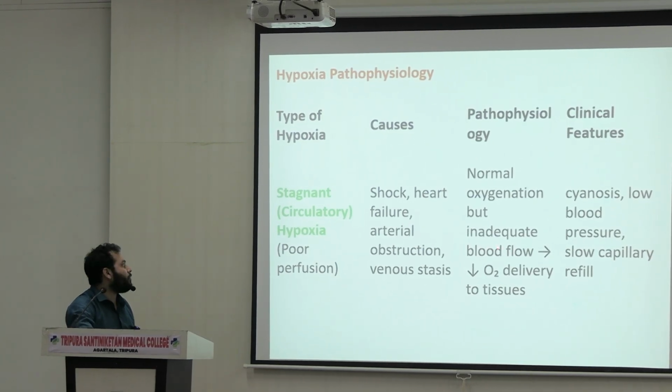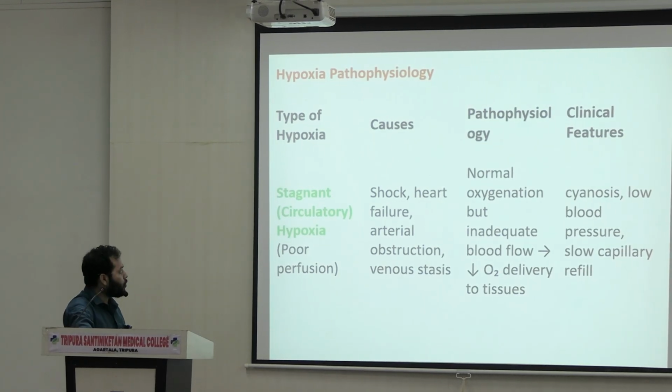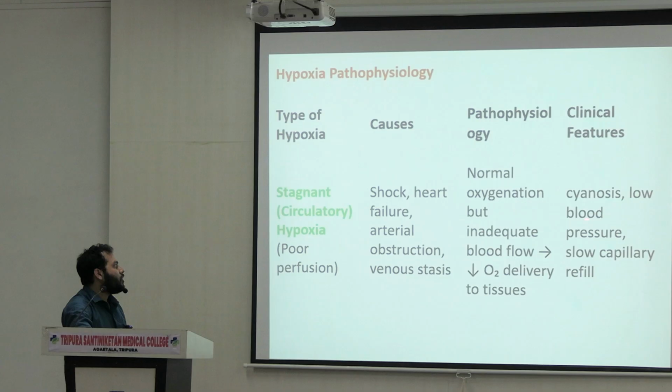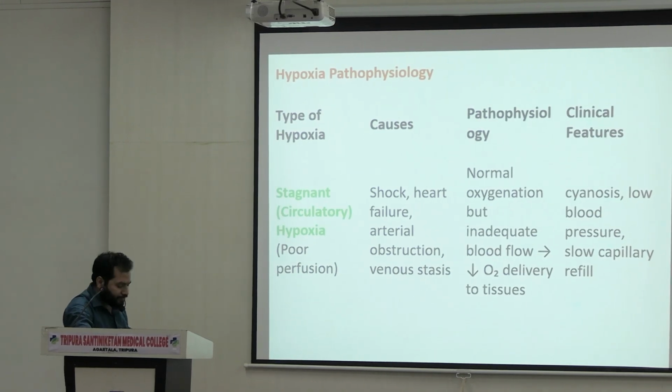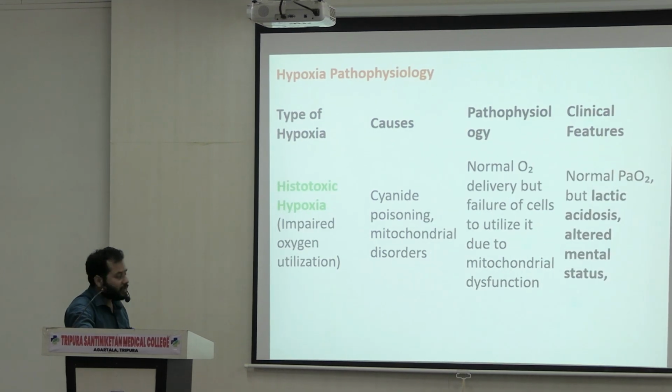Due to inadequate blood flow, obviously there will be a decreased amount of oxygen delivery at tissue level, right? So what are the clinical features? Clinical features are cyanosis, low blood pressure and slow capillary refill. So these are the most important characteristic features of stagnant hypoxia.